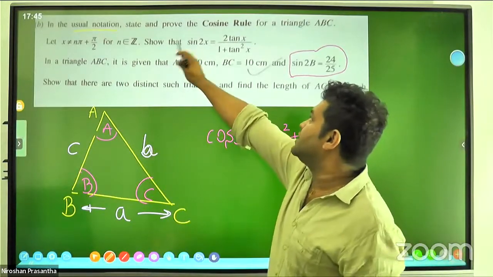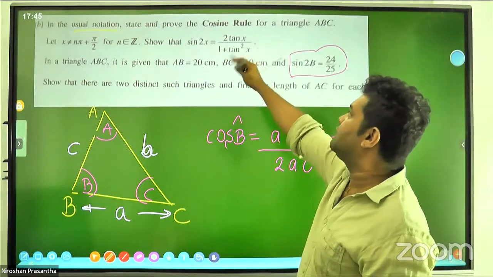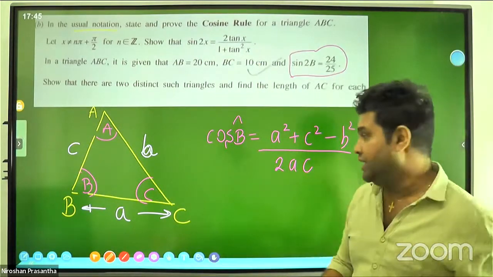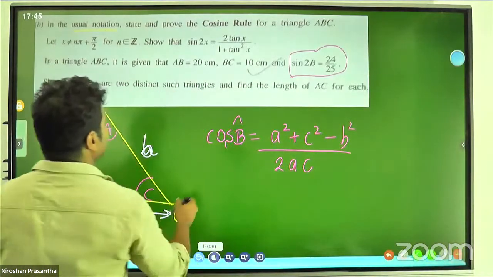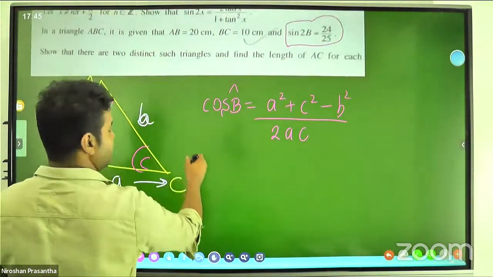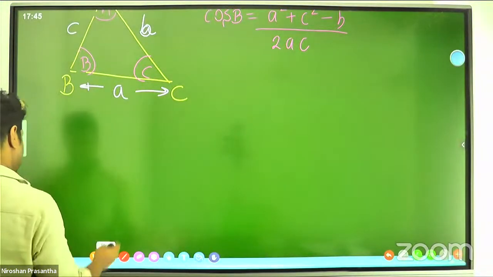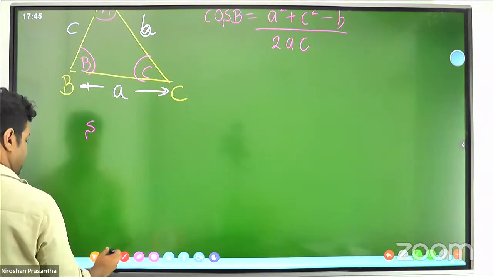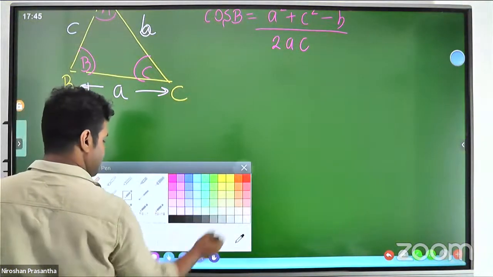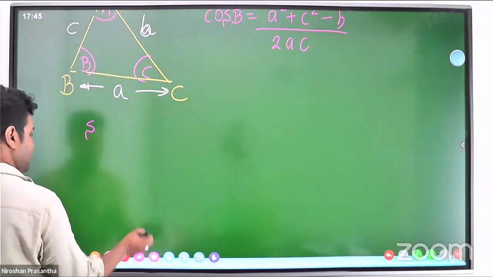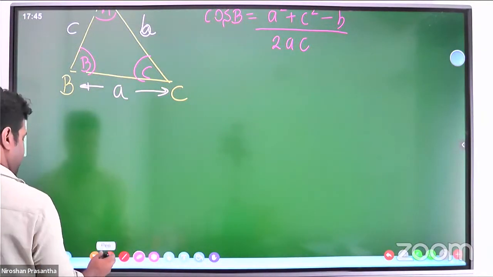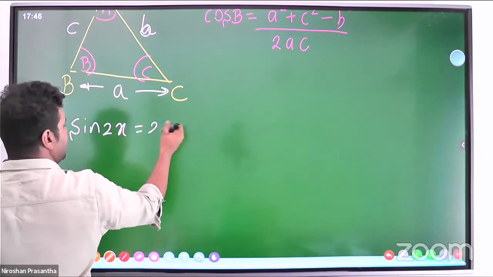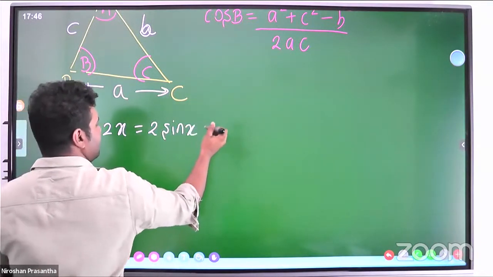Now show that sine 2x equals 2 tan x over 1 plus tan square x. How to show that? Theoretically, what's the method? Sine 2x equals 2 sine x cos x.